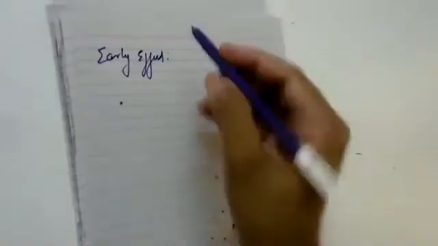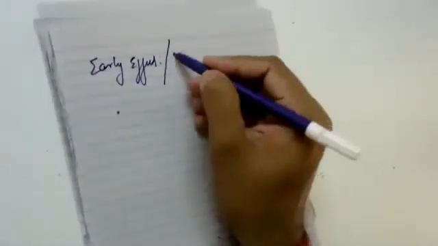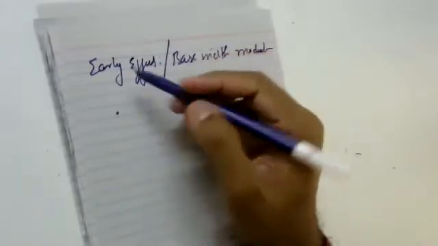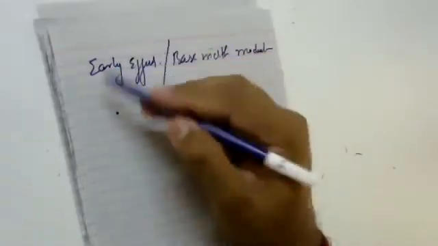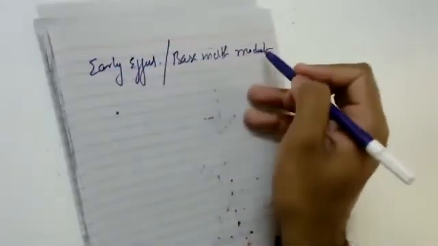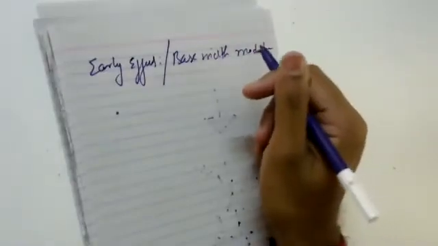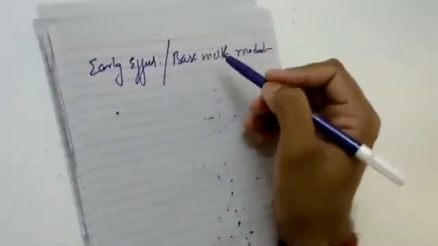As per this early effect, which is also called base width modulation, because in some textbooks the same concept is expressed not as early effect but as base width modulation. So you should not get confused. That's the reason I'm writing both the terms.